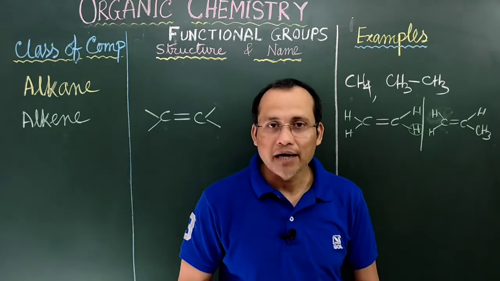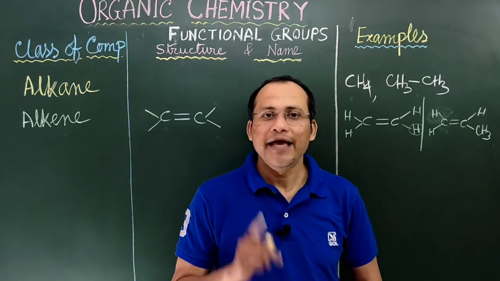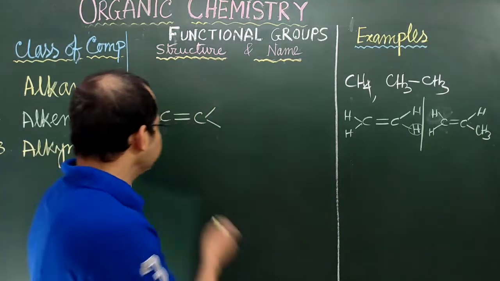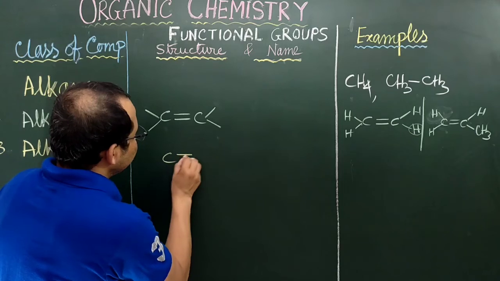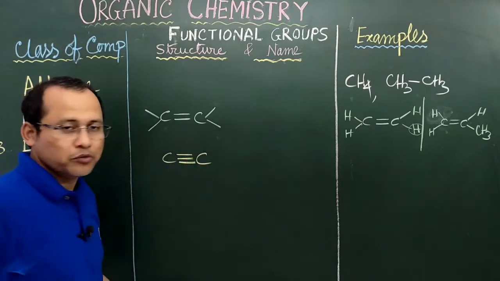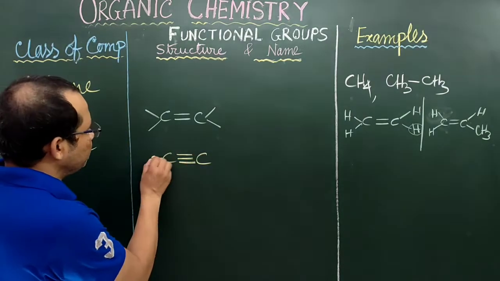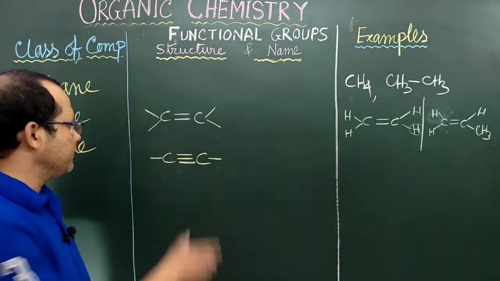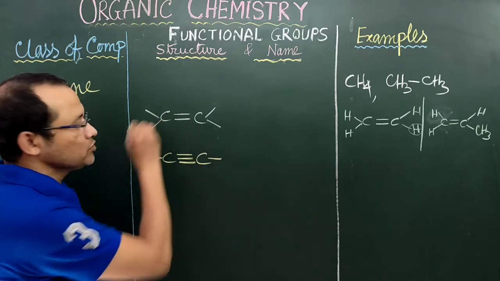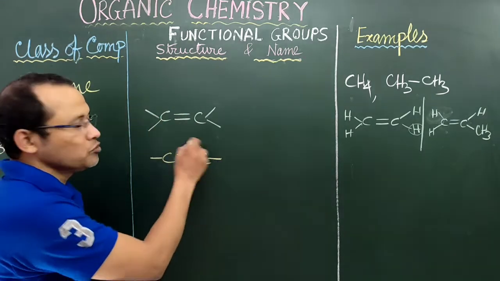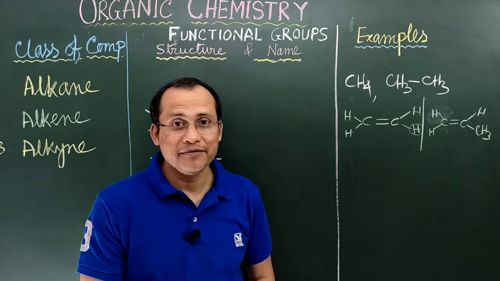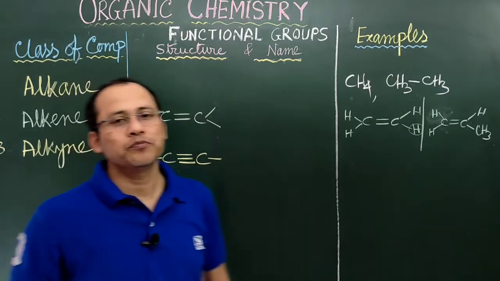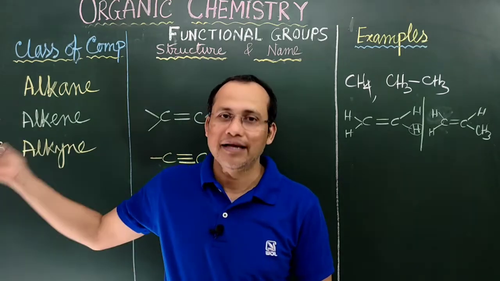Now come to the third one, which is alkyne. By alkyne we mean this functional group where a carbon carbon triple bond will be there. If in any compound this portion, carbon carbon triple bond, is present, then this functional group is known as alkyne, and any compound which contains this functional group is also known as alkyne.